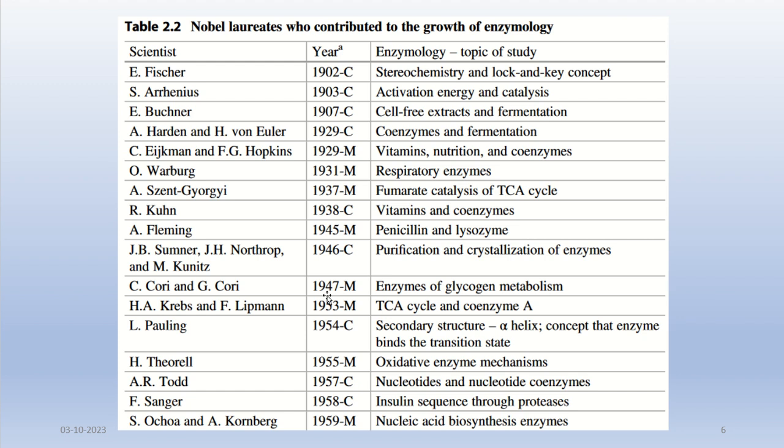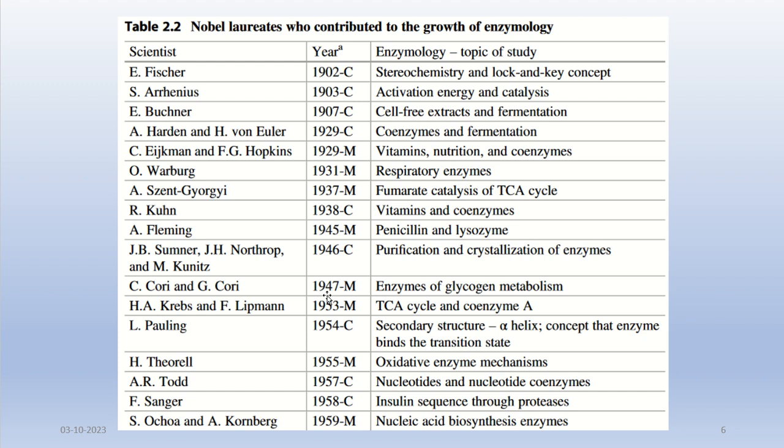Arrhenius, activation energy and catalysis. Then Buchner in 1907, cell-free extract and fermentation. Remember this, E. Buchner is very important for fermentation products. Then F.G. Hopkins.